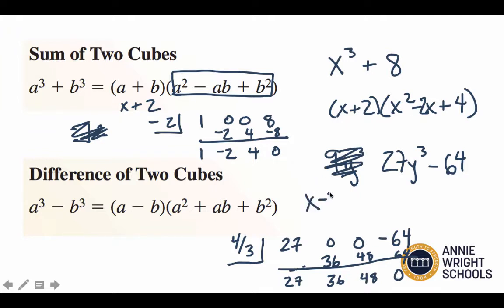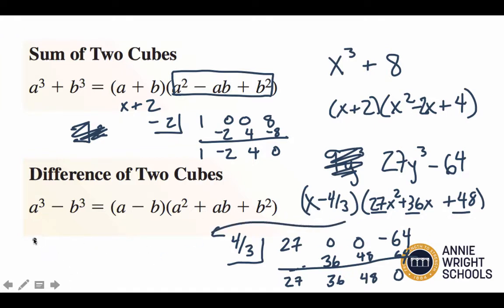So you'd have this x minus 4/3 times 27x squared plus 36x plus 48. And then you take out the common factor of 3. I'm just going to work over here because I'm running out of space. That would be 3 times 9x squared plus 12x plus 16.